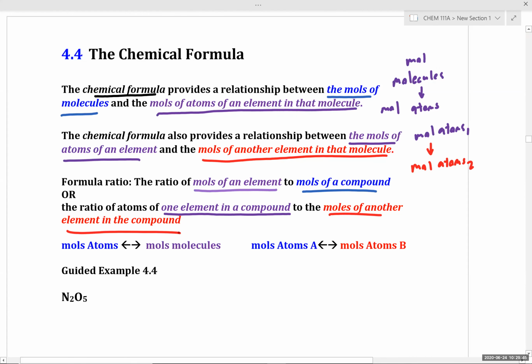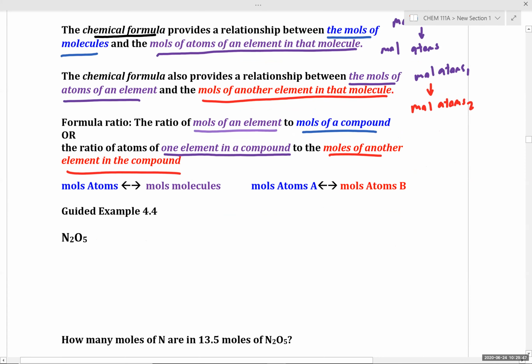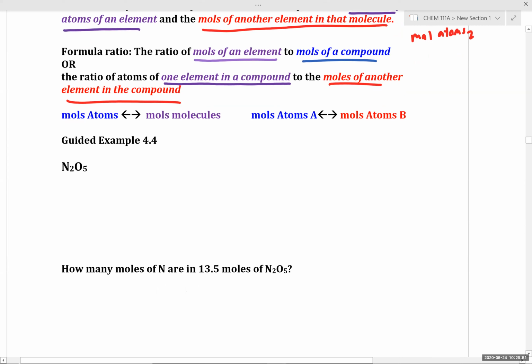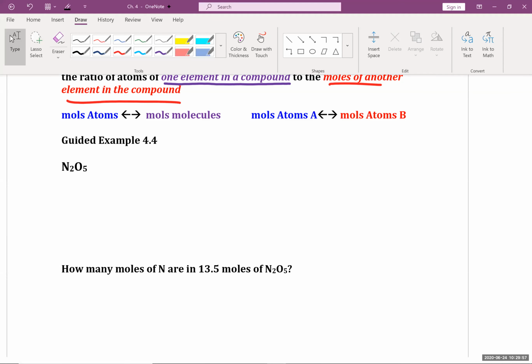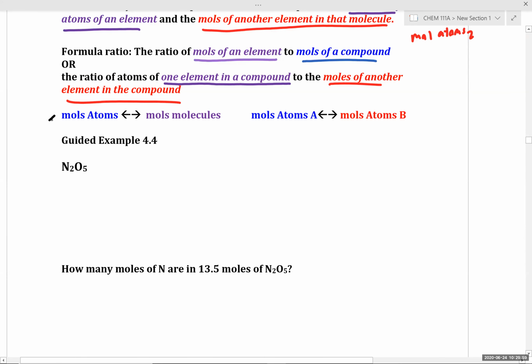Let's entertain the first way of looking at our mole ratio, which is a way of converting from molecules to atoms.